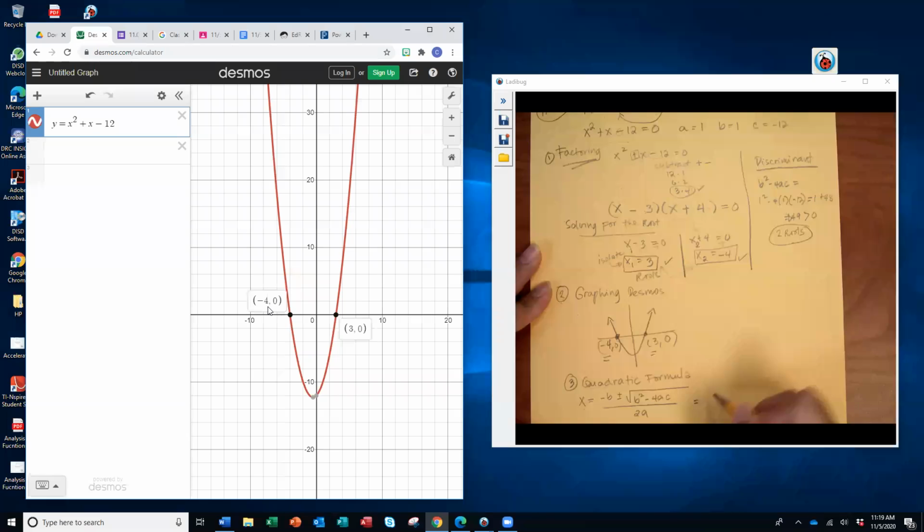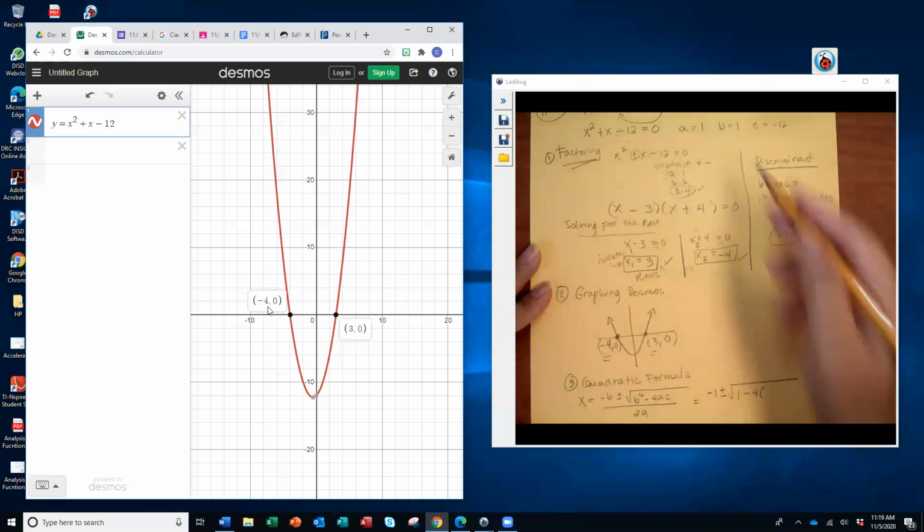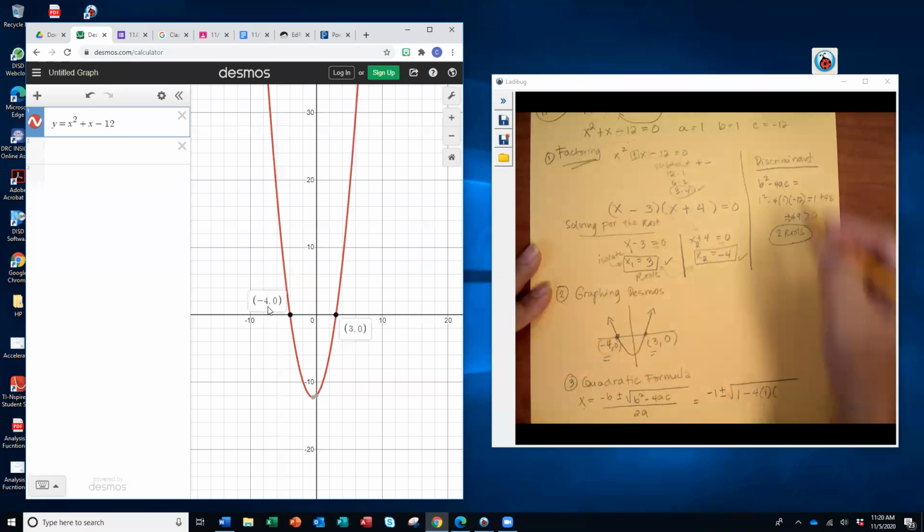So x here will be negative b, which is 1, so it should be negative 1, plus or minus the root of, square the 1, so 1 times 1 gives me a 1, minus 4 times a, which is 1. What about c? c is negative 12, over 2 times 1.